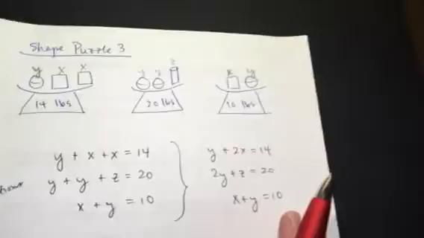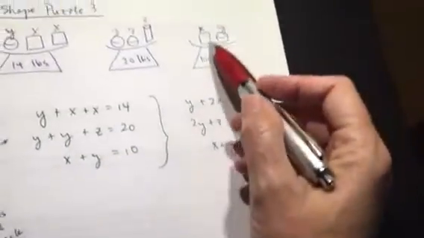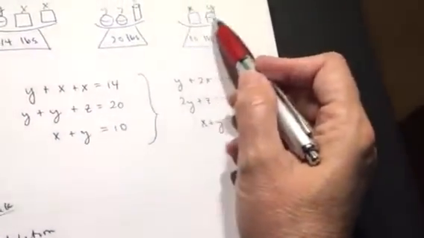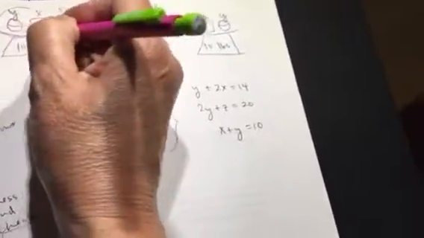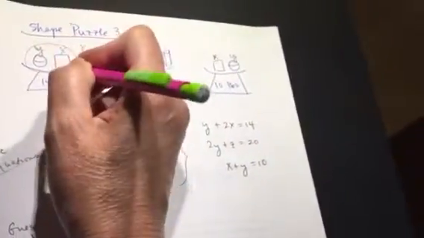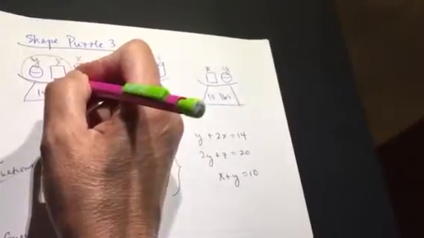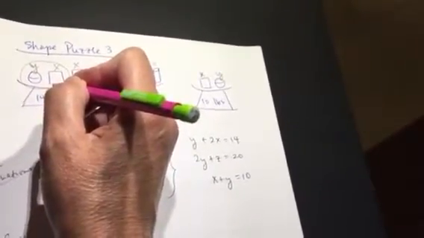Let me guess what you're doing. You probably looked at the 3rd scale and you said cube plus sphere equals 10, and you have a cube and a sphere on the 1st scale. So from the 1st scale you could say that is 10. Did you do something like that?